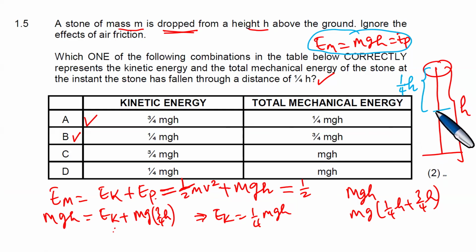The question is, what is its potential energy? Its potential energy is going to be based on the height that is remaining. How do you know the height that is remaining?